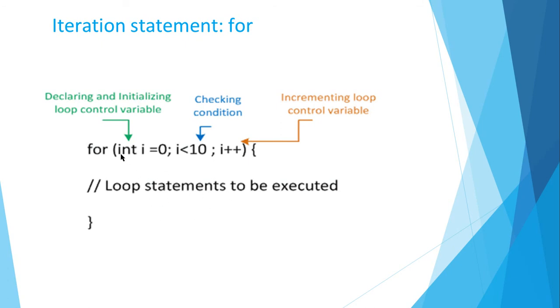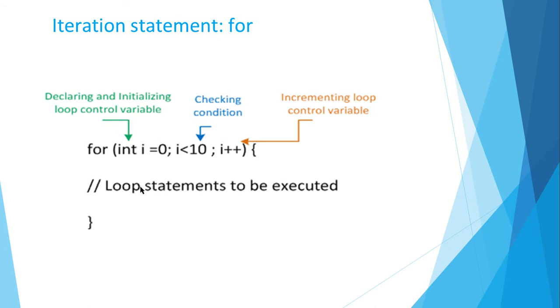You can also decide to write integer i is equal to 0 before for. In that case, a semicolon has nothing before it inside the for loop because initialization has been moved outside.